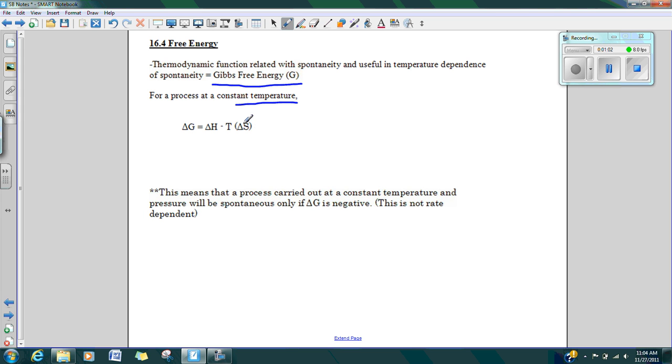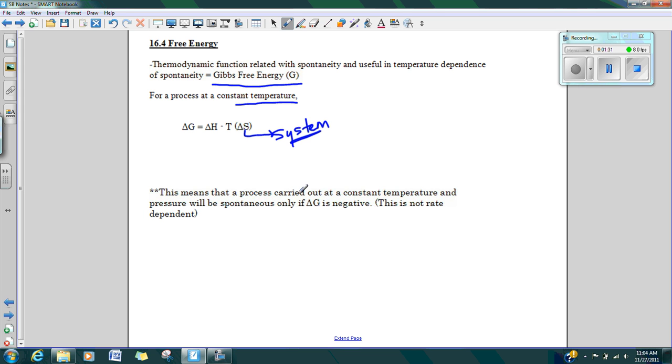Remember, we have to keep the same convention as chemists: there isn't a subscript here, so you might be thinking, is it the universe, the surroundings, or the system? When there is no subscript, we are always referring to the system. So it's the change in heat of the system minus the temperature times the change in entropy of the system. It's a way to determine, is this going to happen spontaneously?